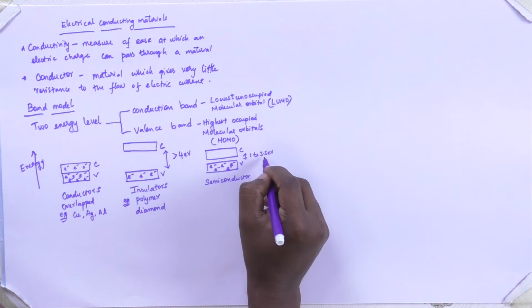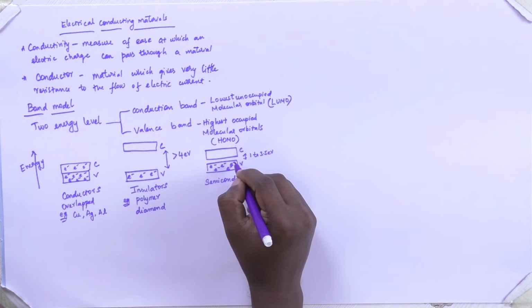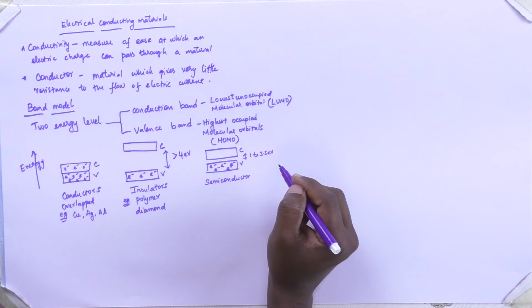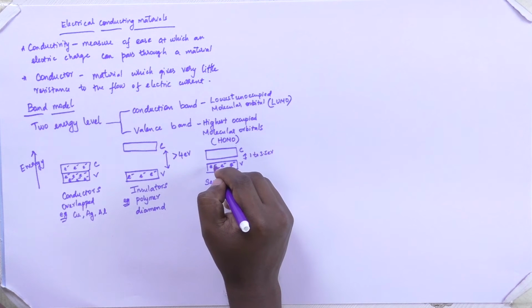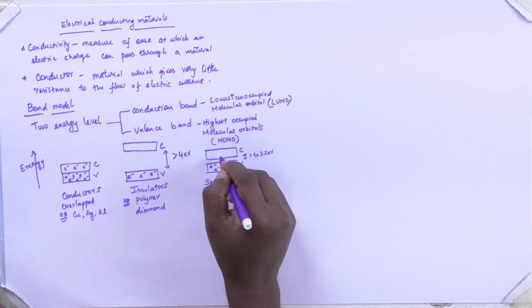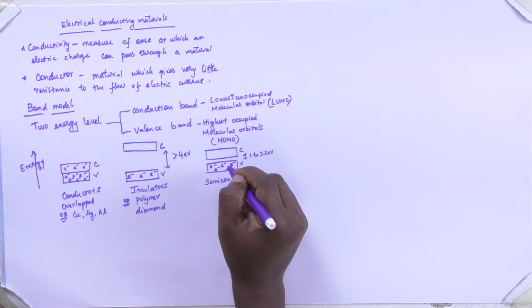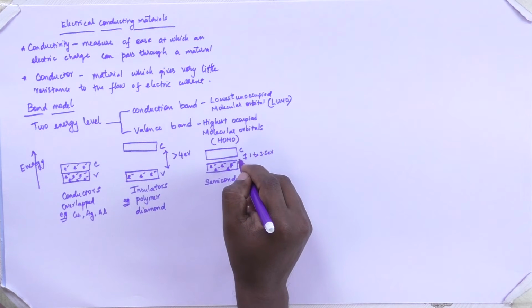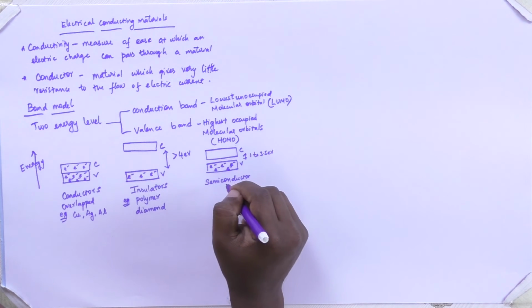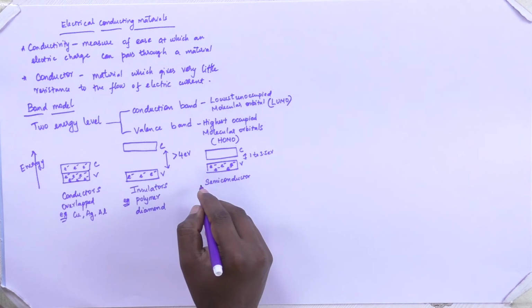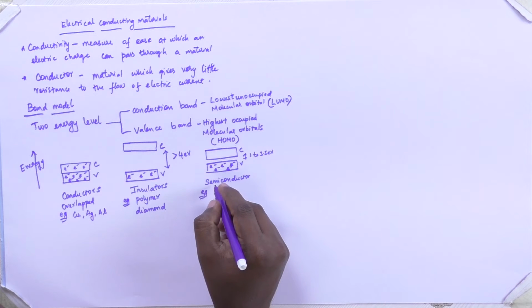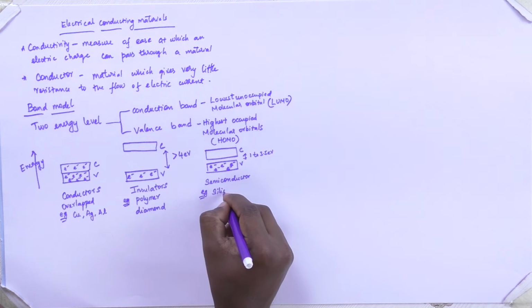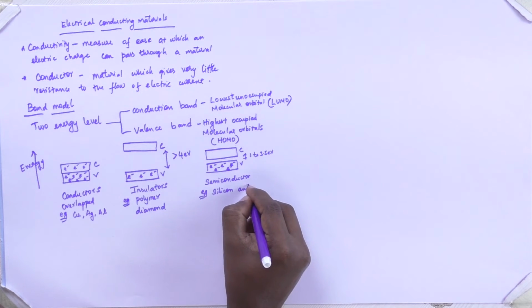If you have this small energy gap between the valence and conduction, then the possibility of taking this electron to the conduction band is much easier. So you provide a little energy to make these materials conducting. Examples of semiconductors are well known, mostly silicon and germanium.